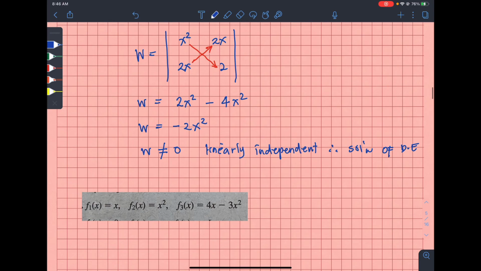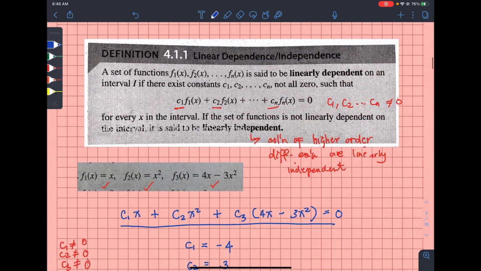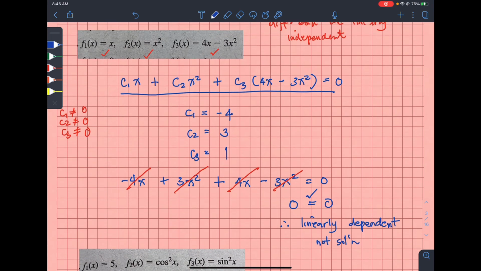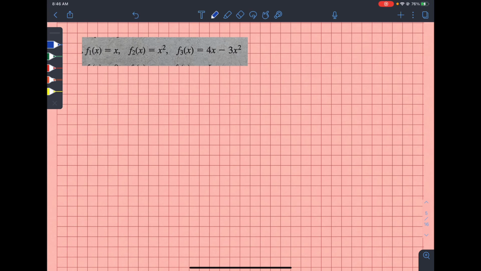Sorry, it's not. Okay, so the first one. It's the same with the first one. So our answer here is linearly dependent and it's not a solution. Using the Wronskian method, we should yield the same answer. It should be linearly dependent, it should be equal to 0 and not a solution.